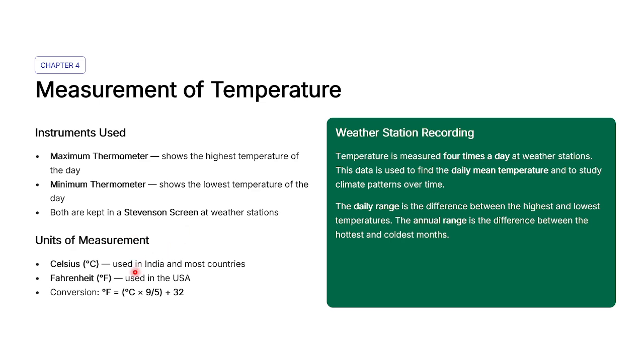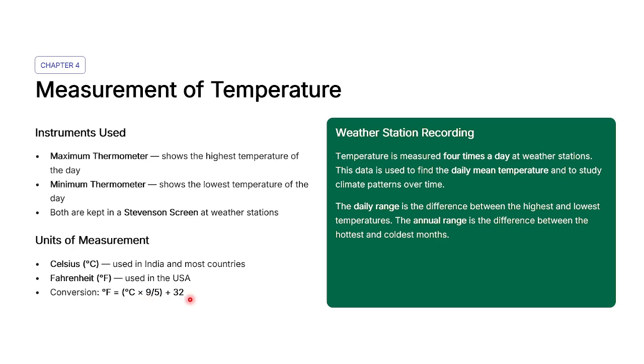Okay, units of measurement: how is temperature measured? One is Celsius, used in India and most other countries, whereas Fahrenheit is used in the USA. The conversion is Fahrenheit equals Celsius times 9 by 5 plus 32.